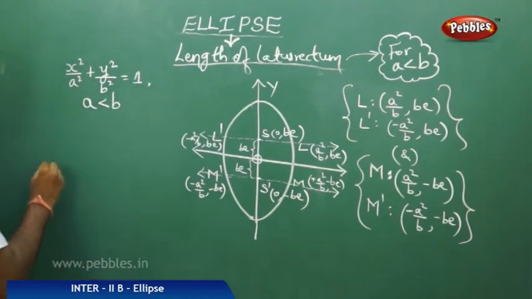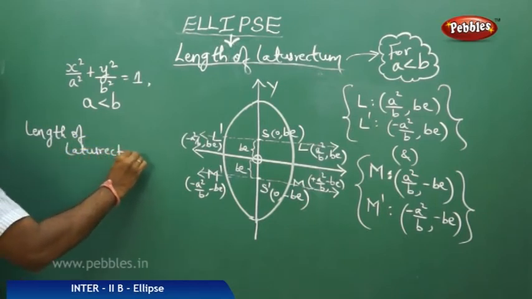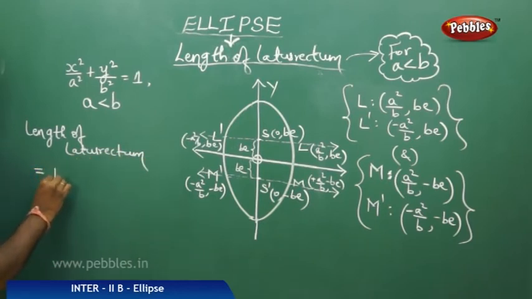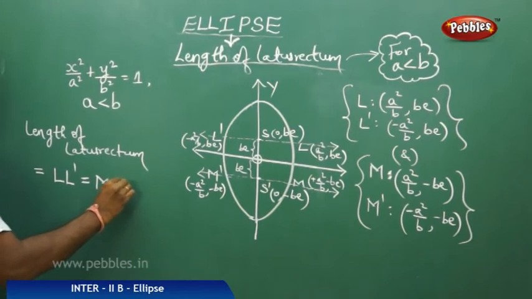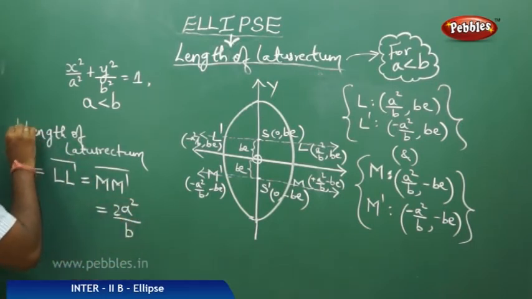And coming to the length of latus rectum, my length of latus rectum, which is given by LL dash, also given by MM dash, because both are equal, is given by the formula 2a square by b.